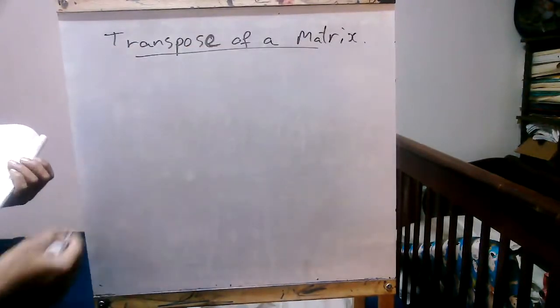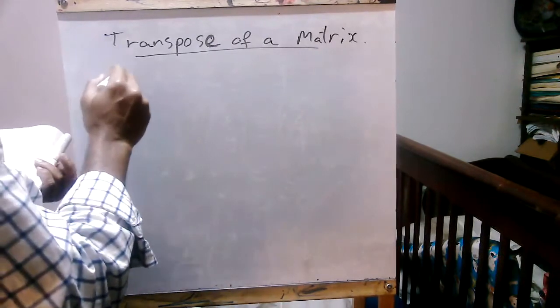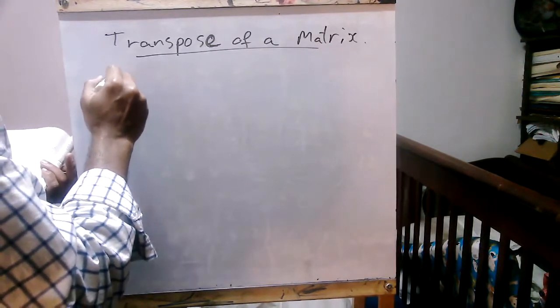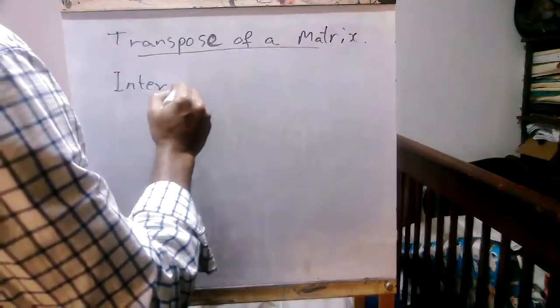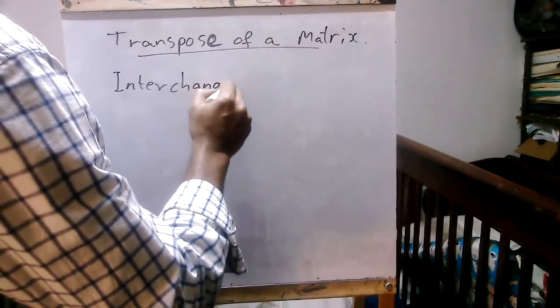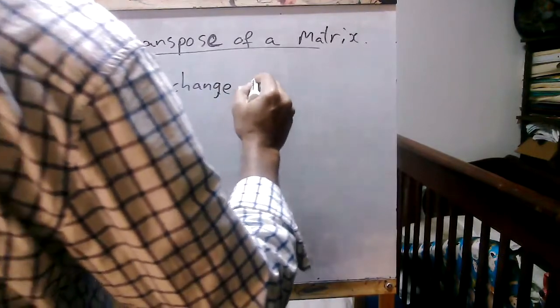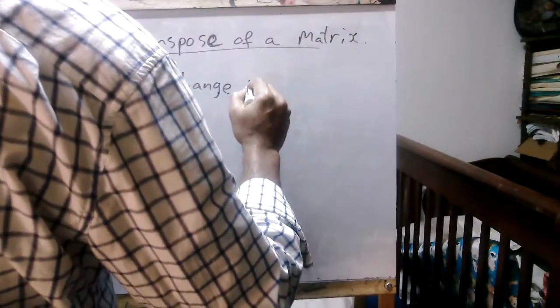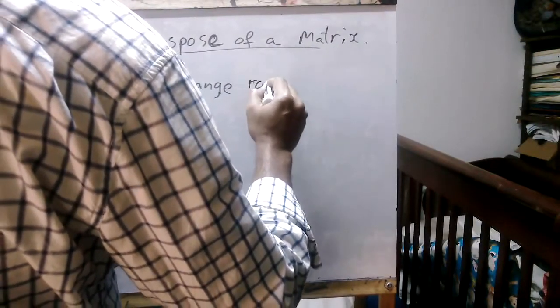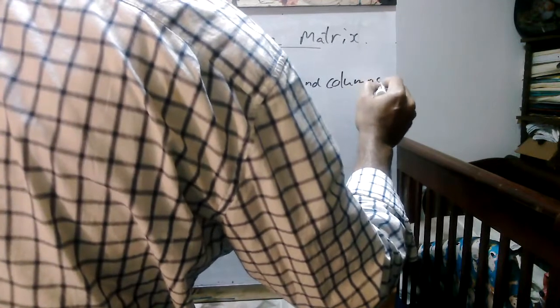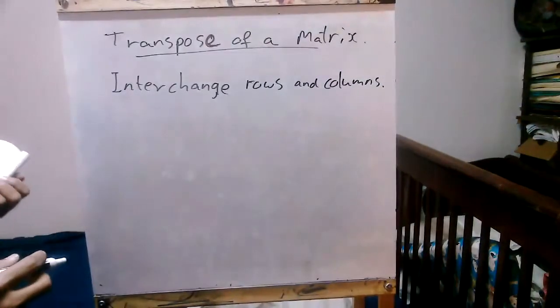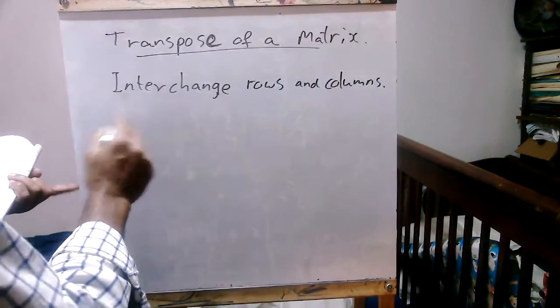To find the transpose of a matrix, you simply interchange rows and columns. Now I give you this example.